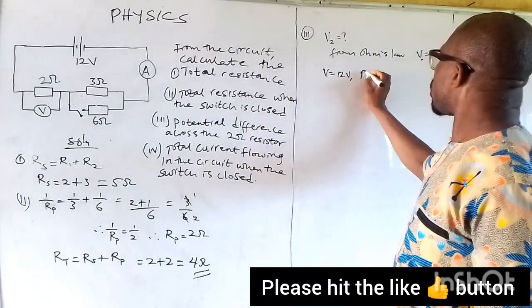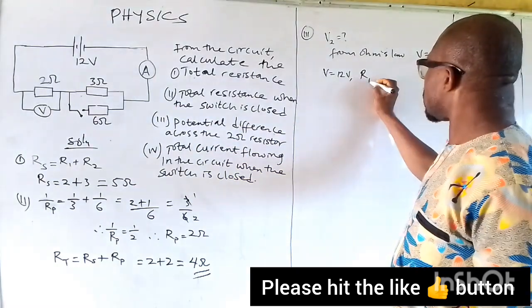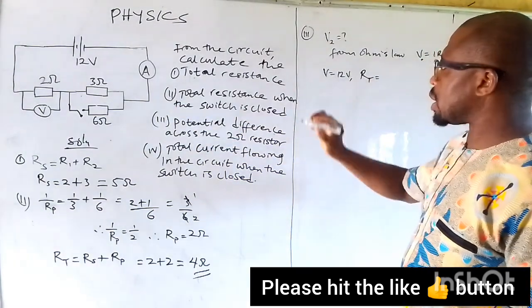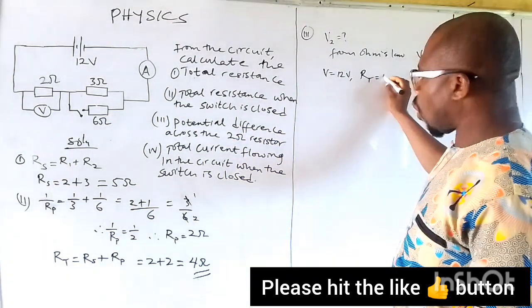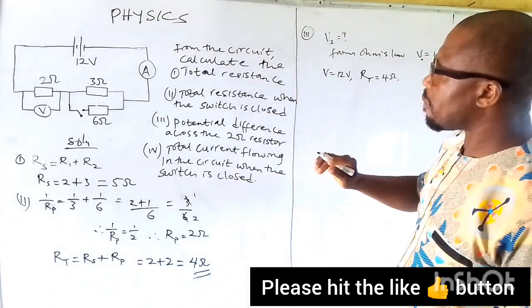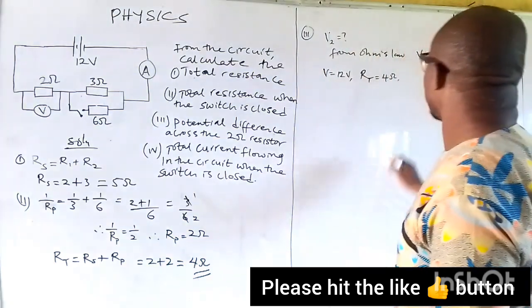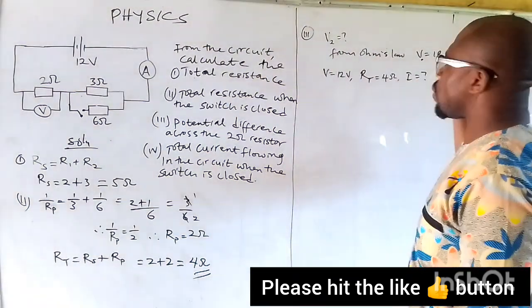The total resistance in the entire circuit, RT, is equal to 4 ohms. We don't have the current flowing.